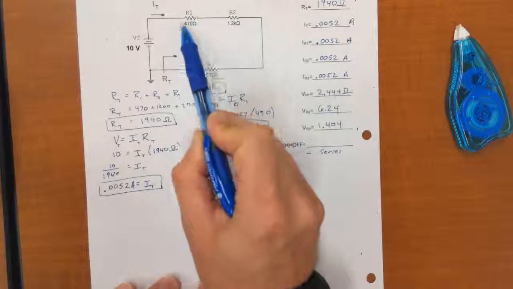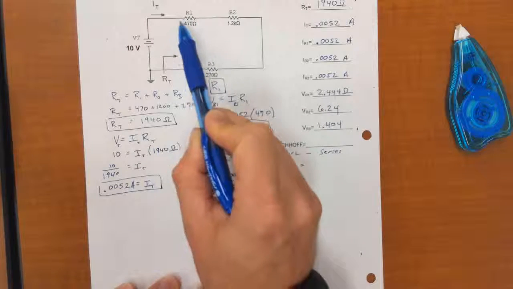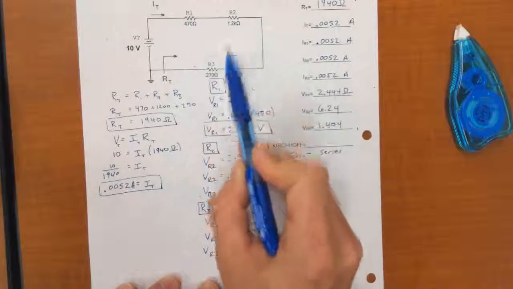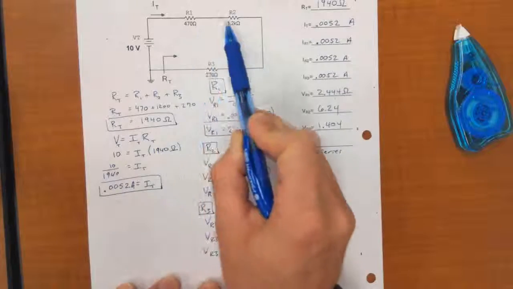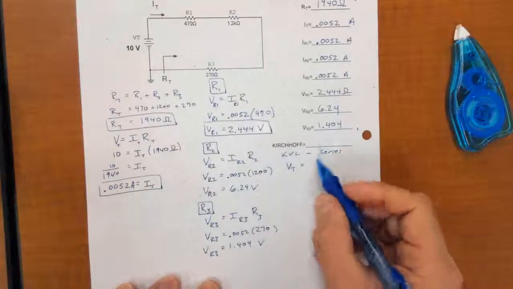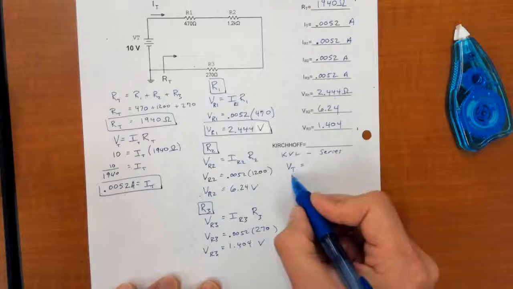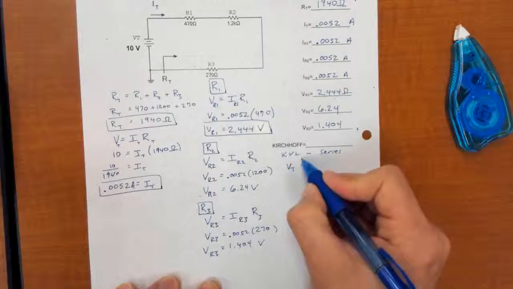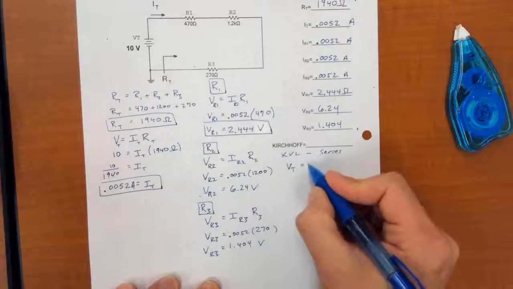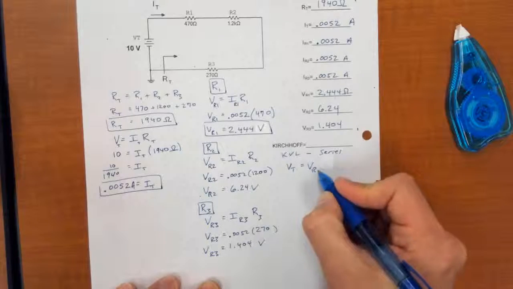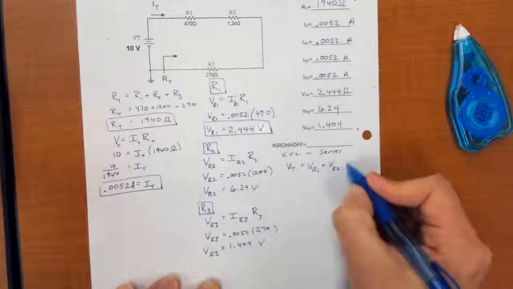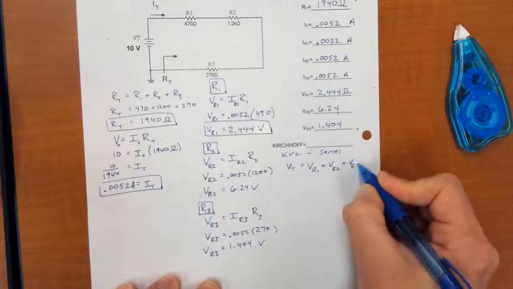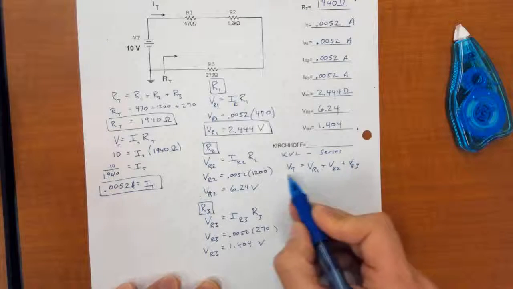If you measure the voltage across this resistor, you get a voltage drop across here and across here. And those should add up to equal the total voltage. So let's confirm that. It's going to be the voltage of R1 plus the voltage at R2 plus the voltage of R3 is supposed to be equal to the total volts.